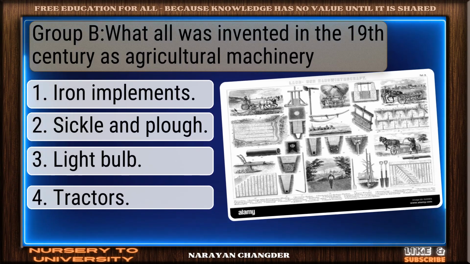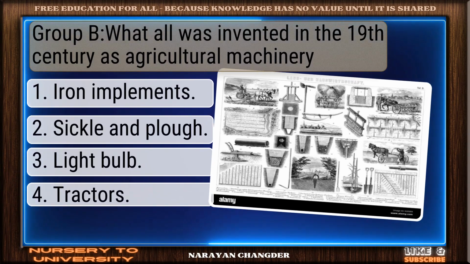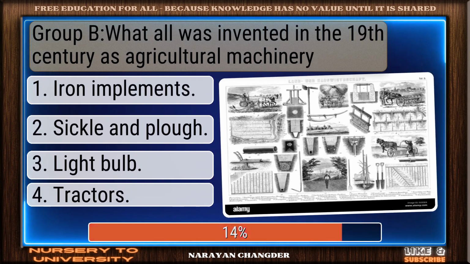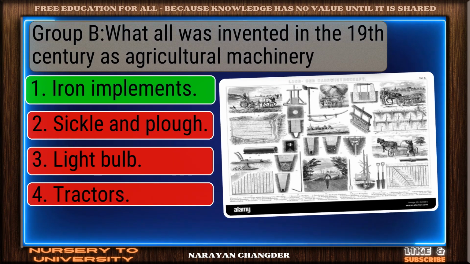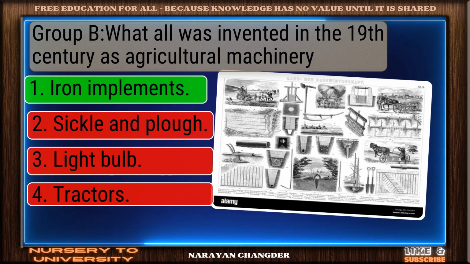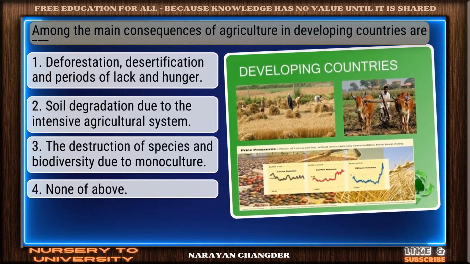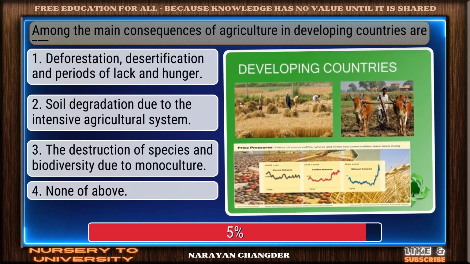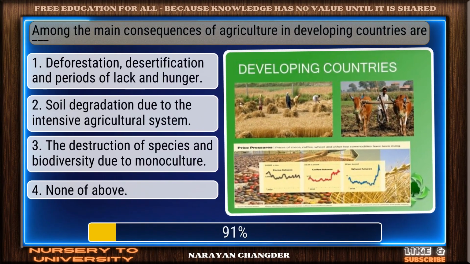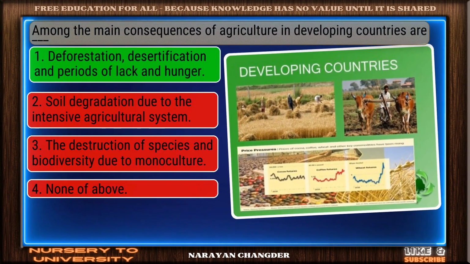Group B. What all was invented in the 19th century as agricultural machinery? Excellent. Iron implements is a brilliant choice. Among the main consequences of agriculture in developing countries are dash. Exactly.